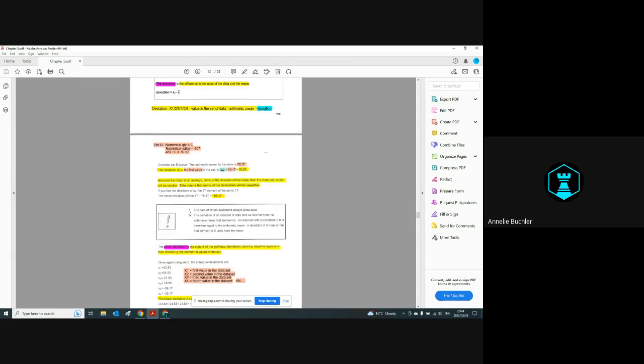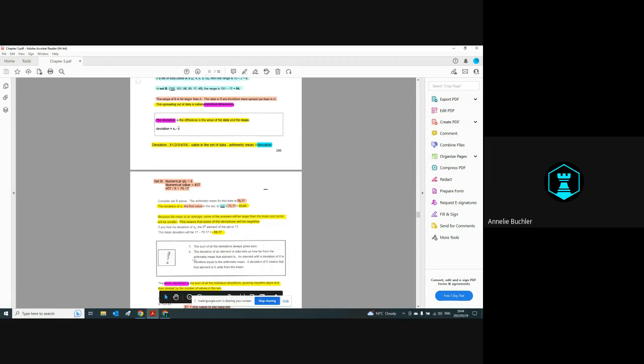Look at your data set B. We did the sum with x1, the first value in the data set.